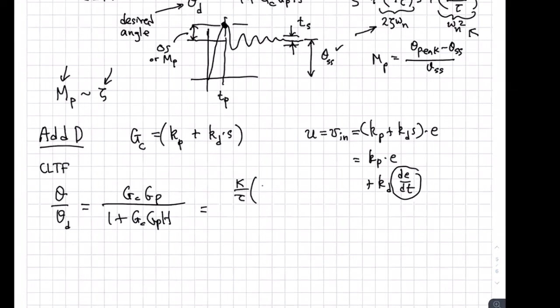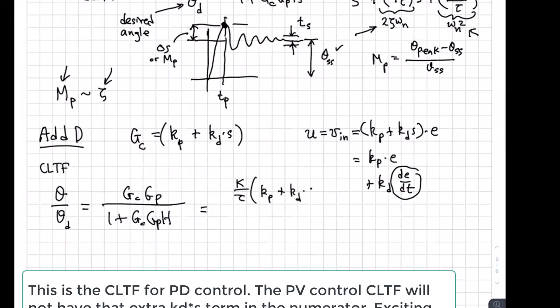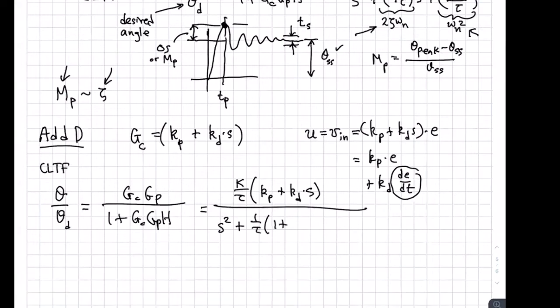K over little kp plus little kd s, all over, it still stays second order, except here you have 1 over tau, 1 plus big K little kd times s plus little kp K over tau.